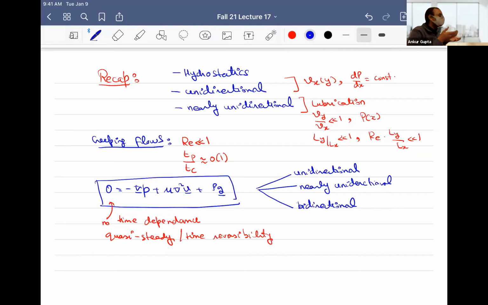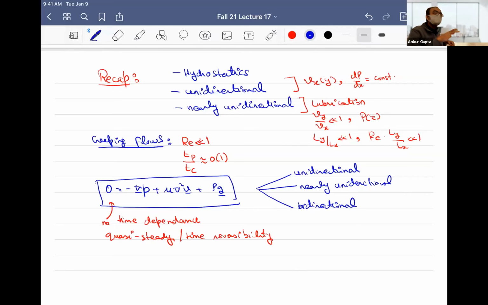Then we did nearly unidirectional flow, which is the lubrication approximation, where one component is dominant. The Vx velocity is much greater than the Vy velocity, and pressure is only a function of x. We discussed that the conditions for lubrication are that one of the dimensions has to be very small, and the Reynolds number times that ratio has to be very small.